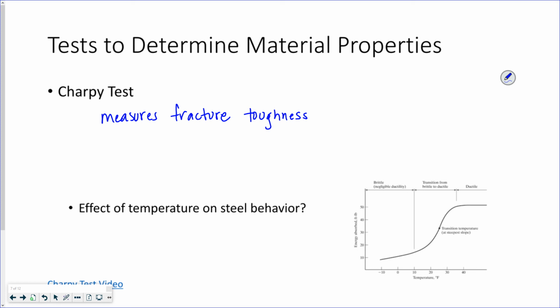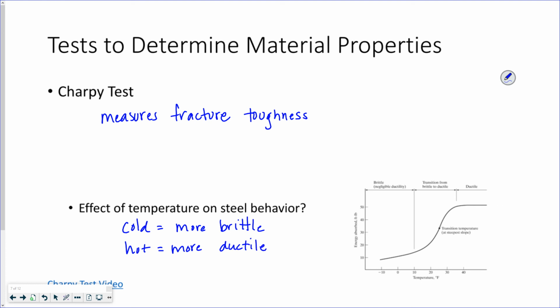This is one thing to talk about, and I hope you talked about it in your materials class, is the effect of temperature, which kind of makes sense if you think about it. If something's colder, it'll probably behave more brittly, right? Hot, more ductile.